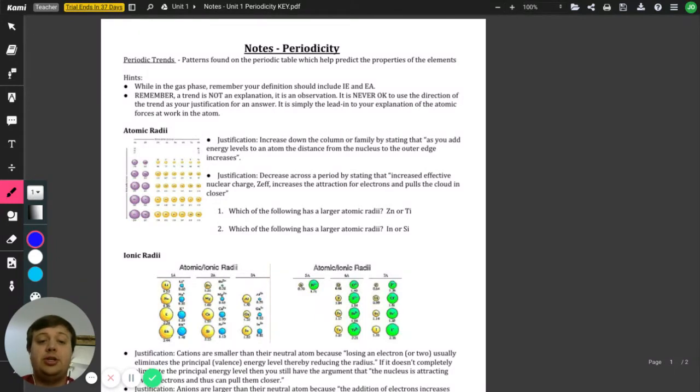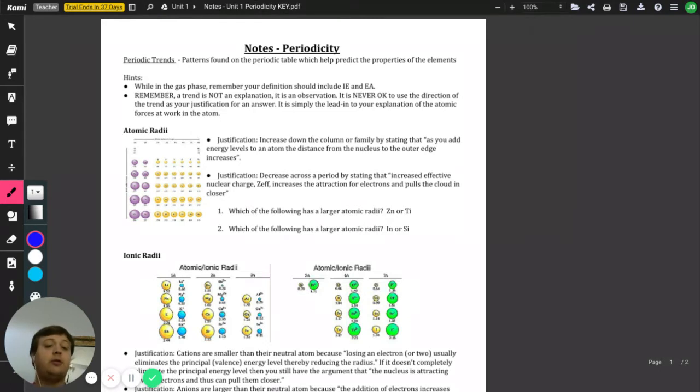Second, remember that a trend is not really an explanation. It's an observation. So it's never okay to say, I'm moving from left to right across the periodic table, so that's why this is happening. You have to use the trend specifically, where your explanation is going to be your justification for each individual one.